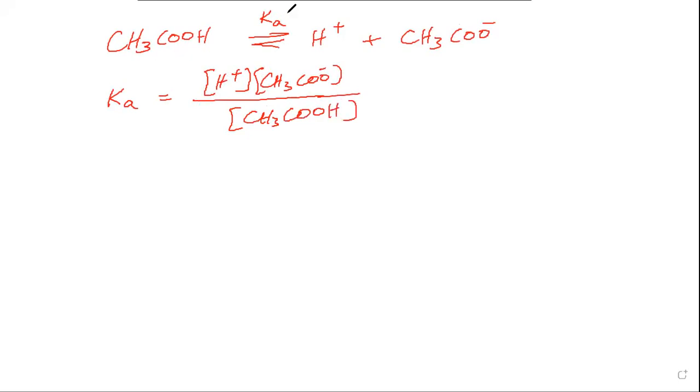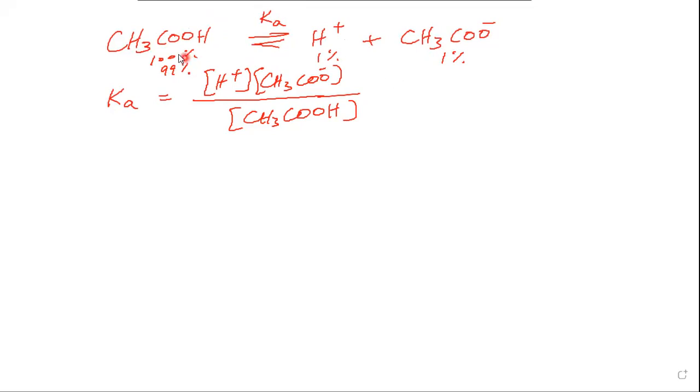Now, we say that ethanoic acid is a weak acid. It partially ionizes. It means that if we start here with 100% of ethanoic acid, then after ionization, we will get only 99% still present in the form of ethanoic acid and only 1% dissociated into hydrogen ions and ethanoate ions.